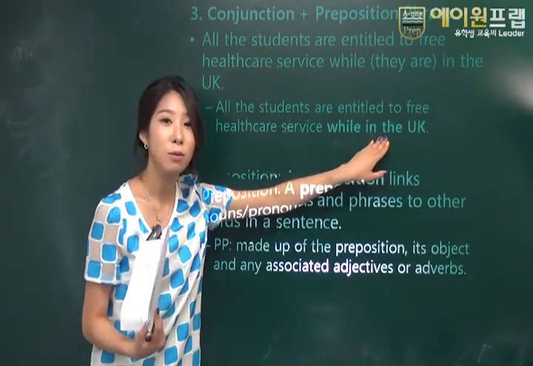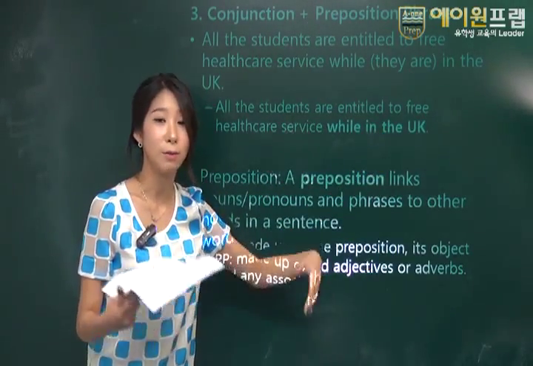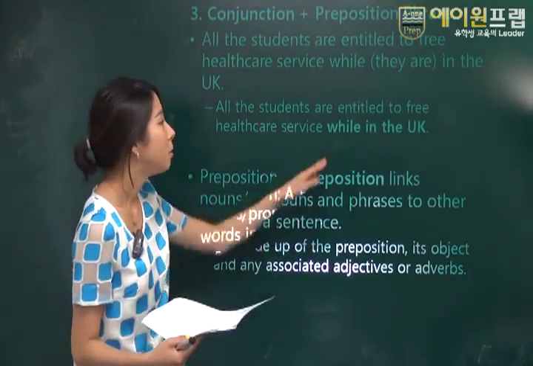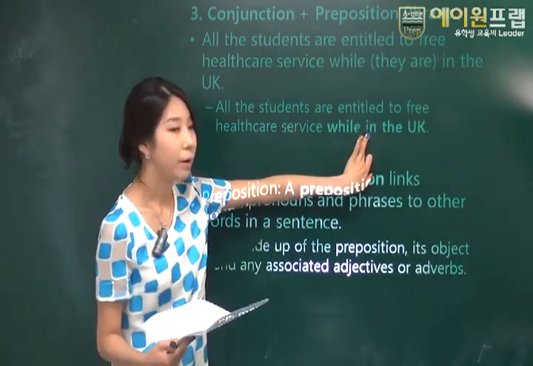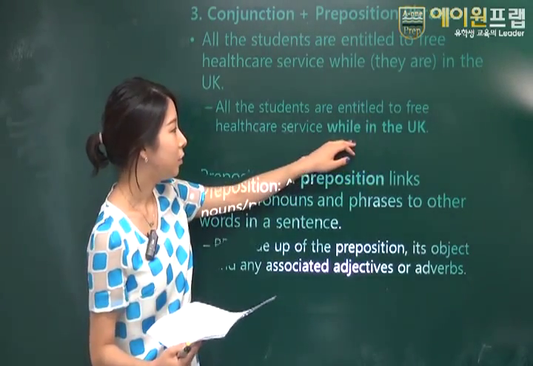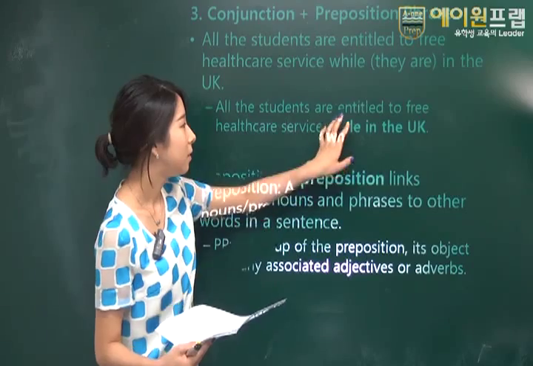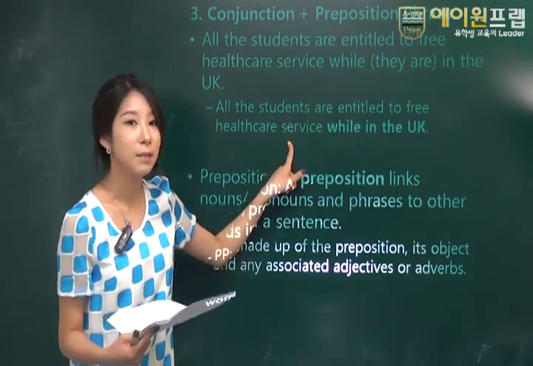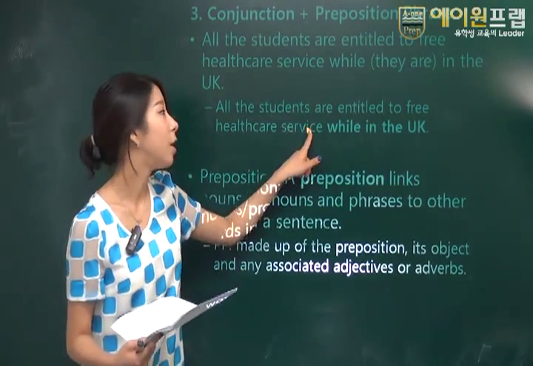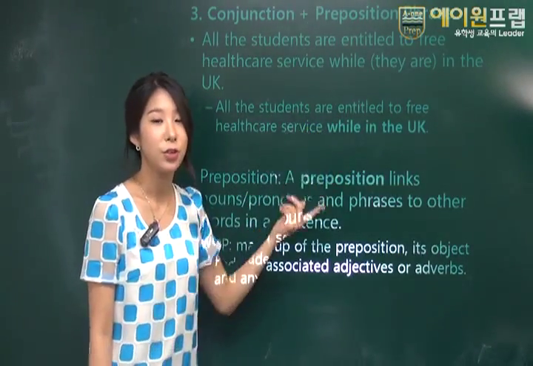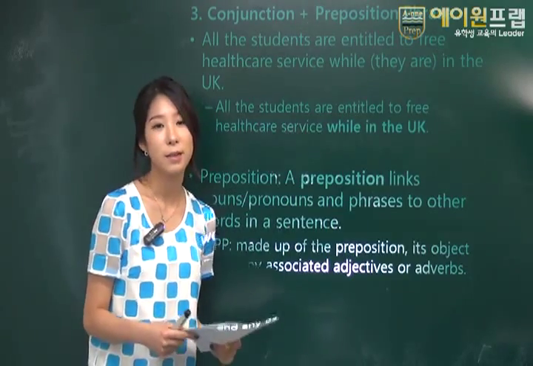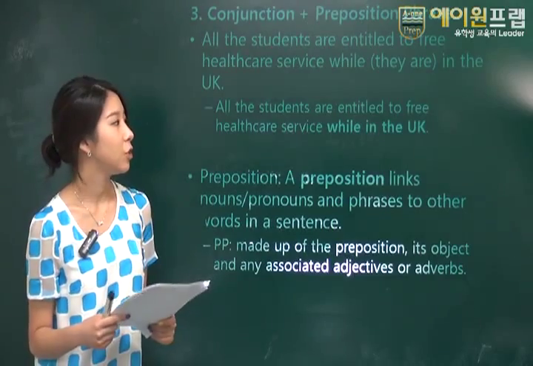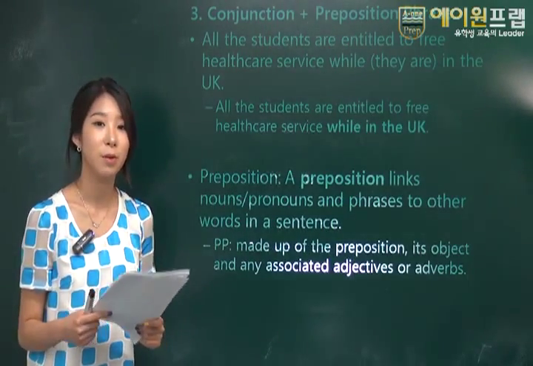In the UK, in is also important because you're in the UK, not outside the UK or at the UK, wrong preposition. But while in the UK is putting a condition on the former part of the sentence. It's putting a condition, or it can also change meaning. Conjunctions are like that. That's how conjunctions are different from prepositions. And plus, conjunctions can be prepositions and prepositions can be conjunctions.